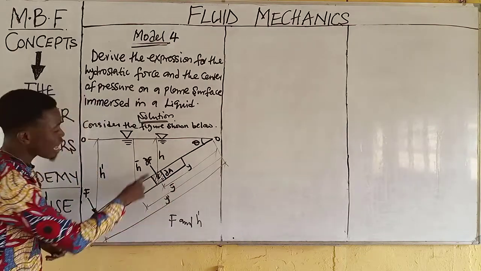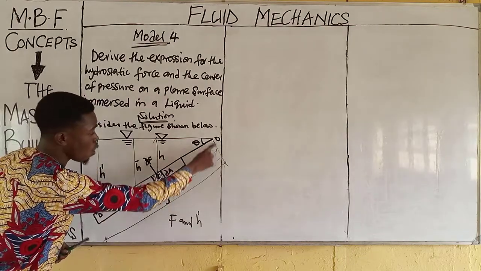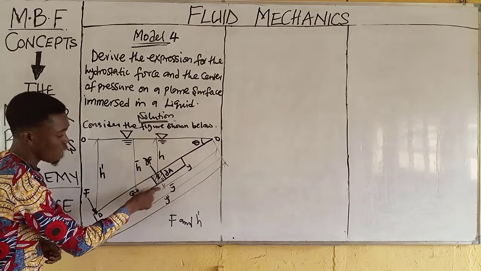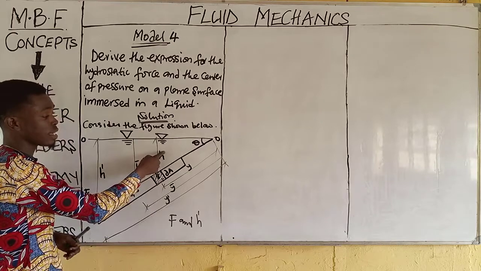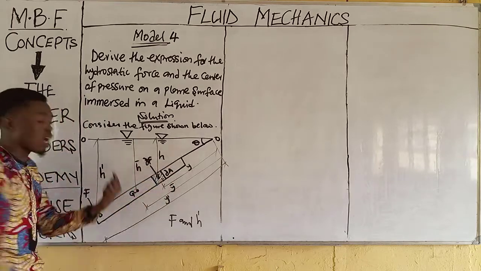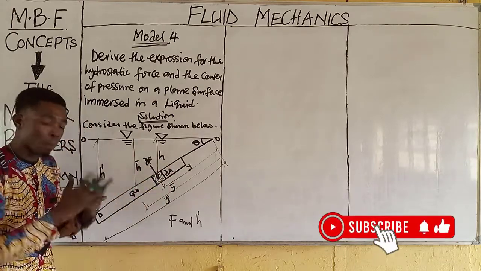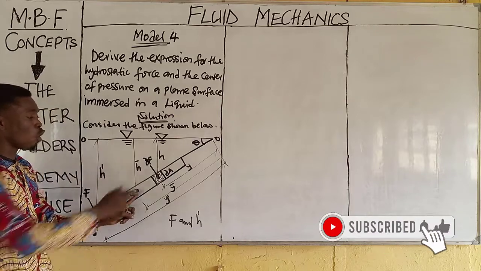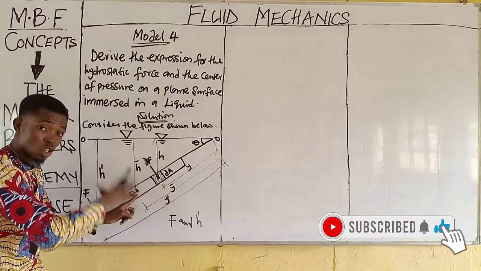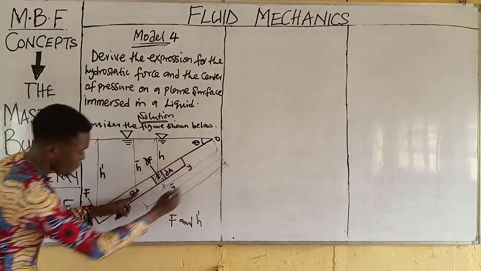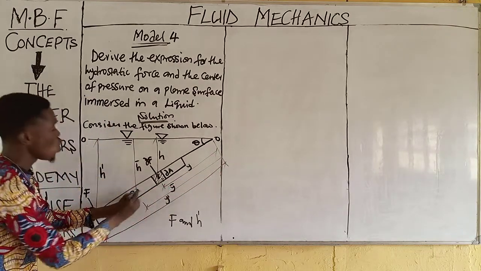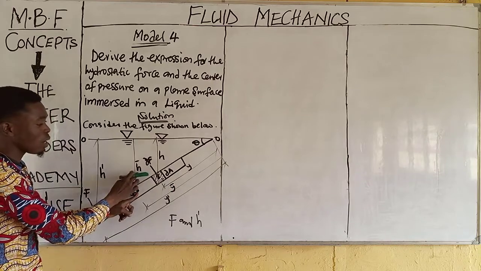Now this is it. Therefore, from this point to O, we have a distance of y. And the vertical depth of this point is h. Now, this whole section has a center of gravity, which is the middle point. Now, this is the middle section of this whole rectangular or cylindrical section. Now, the center of gravity from O is y bar, while the vertical height is h bar.